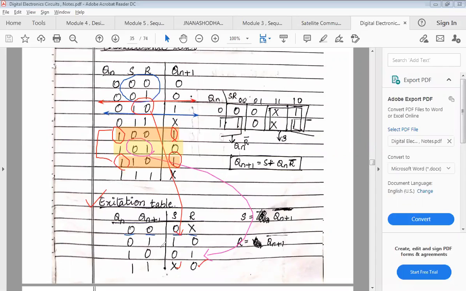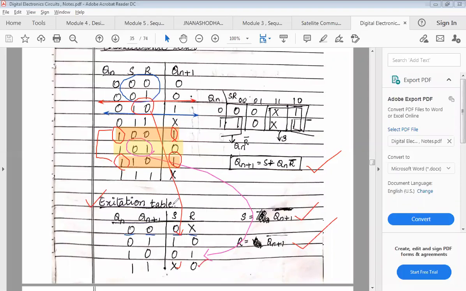Then your R is equal to Qn, or you can take it as Qn plus 1 bar. Okay. So ultimately, you can just take a K-map of S and R, and you can get the equations. Now do not worry about these equations, the characteristic equation and excitation table equations. The only thing you have to concentrate on now is getting these tables right.